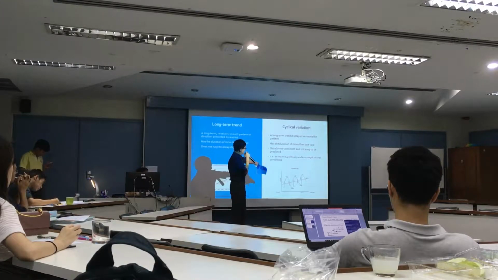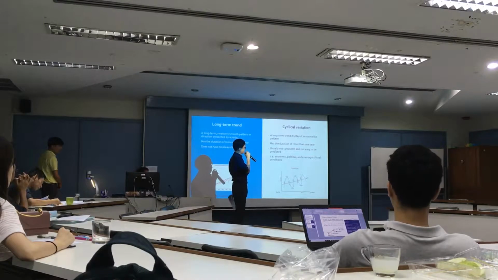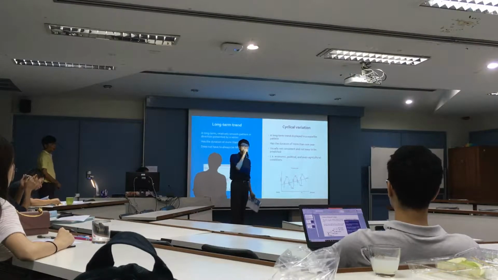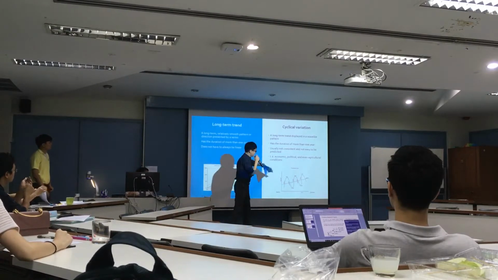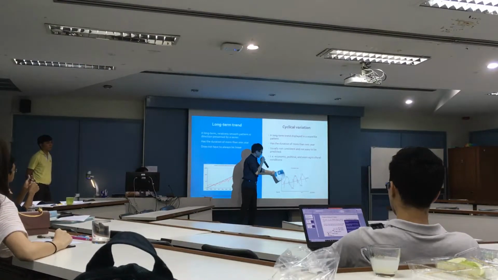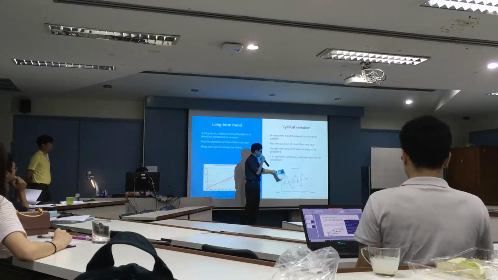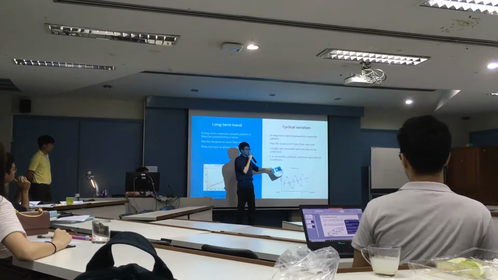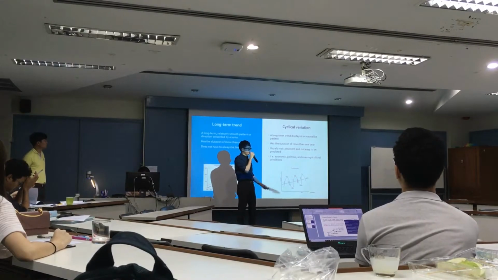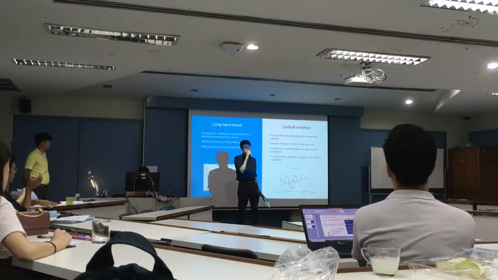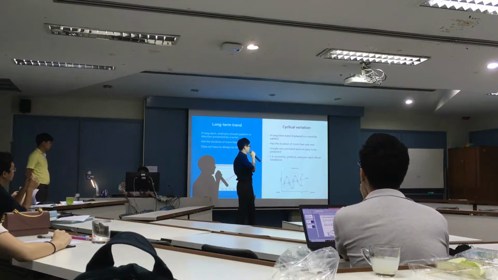This cyclical variation is the most difficult part because sometimes it is very similar to random variation. We can expect it to have a peak, but we are not sure when it comes. It is similar to stock prices, currency, or condominium prices as well.